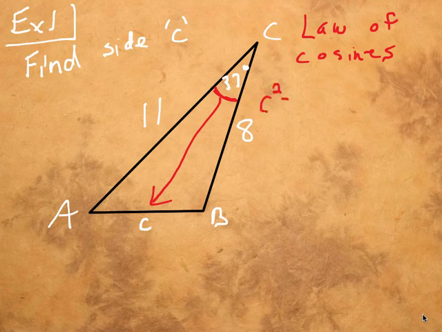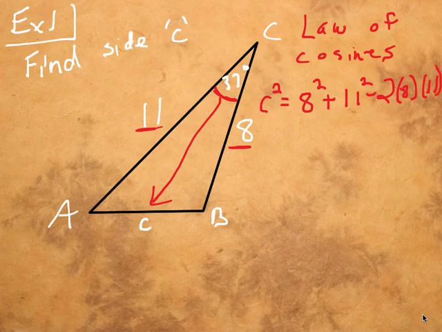C squared equals, now side A would be 8, so I'm going to write 8 squared plus B squared, which is 11 squared, minus, and I'm probably going to run out of room here, 2 times 8 times 11. And at the end, we have to multiply by the cosine of the angle, which is the opposite angle of the side we're looking for, 37.